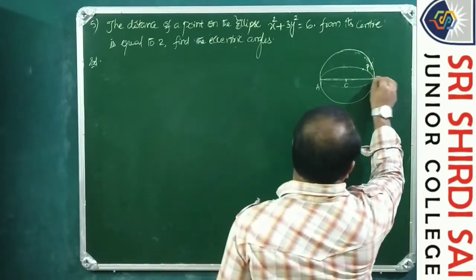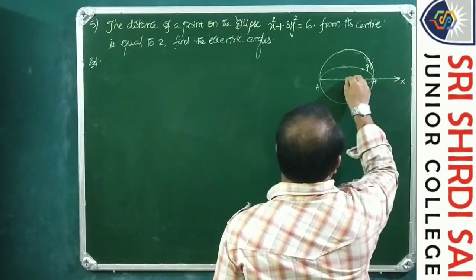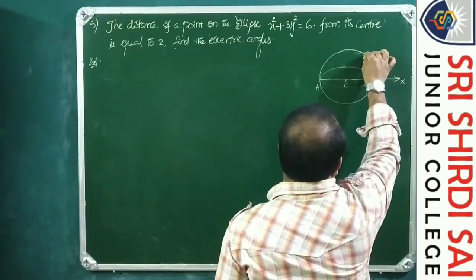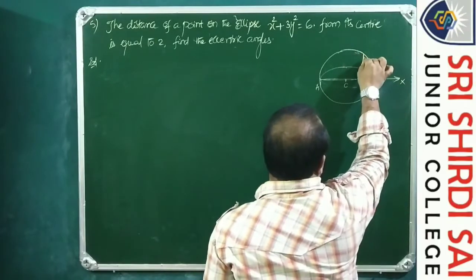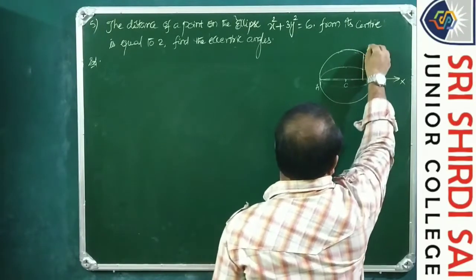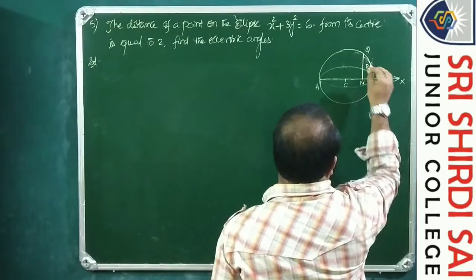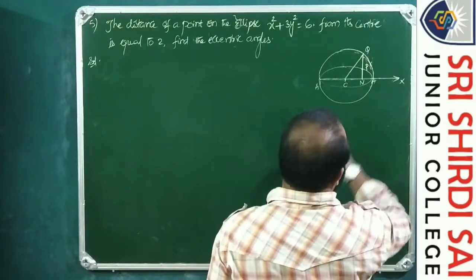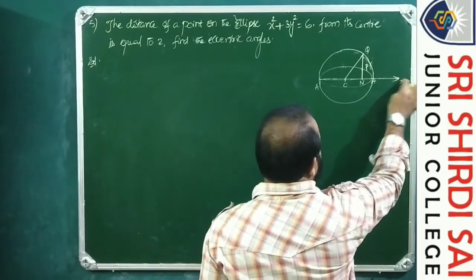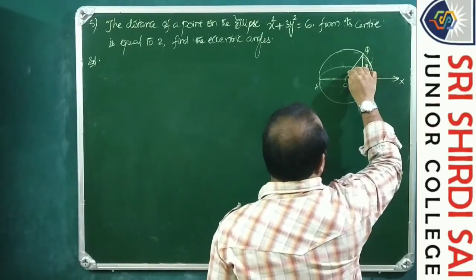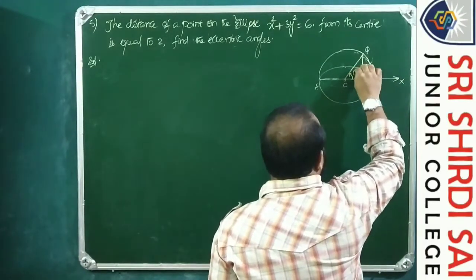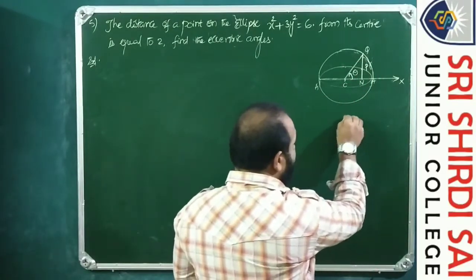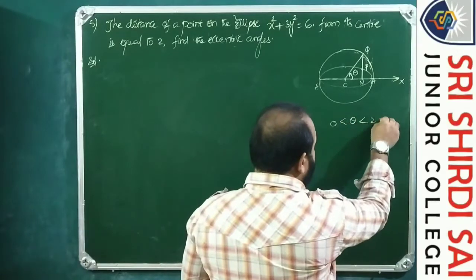And this is our x-axis, and this is perpendicular. This is Q. This is N, and you join them, for example, then angle XCQ is the eccentric angle theta, and this theta lies between 0 and 2 pi.